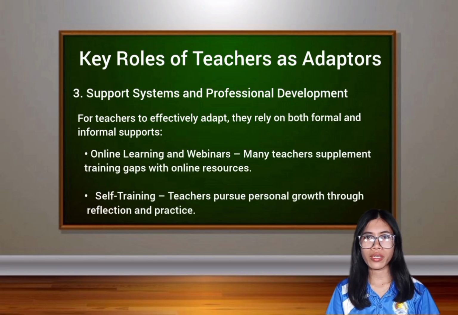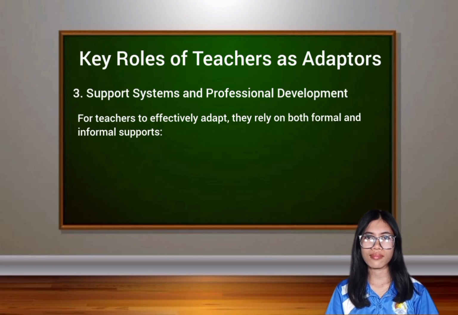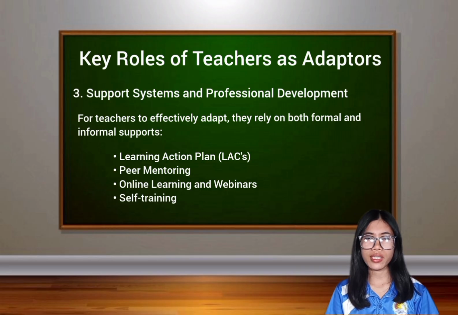Online learning and webinars to fill gaps in training. And self-training, where teachers reflect and practice to improve themselves. These support systems show that teachers are not expected to adapt alone. With collaboration, mentoring, and continuous learning, they are guided and empowered to improve their practice and better respond to the needs of their students.